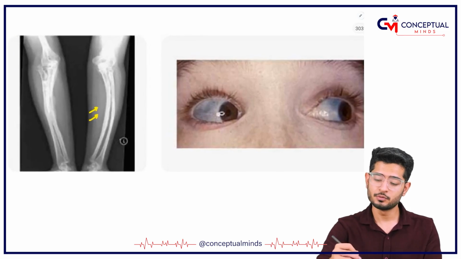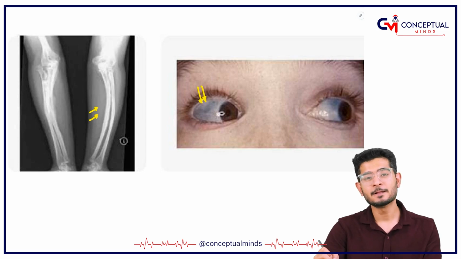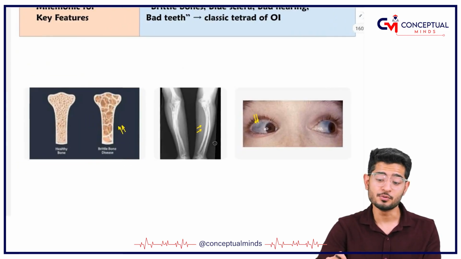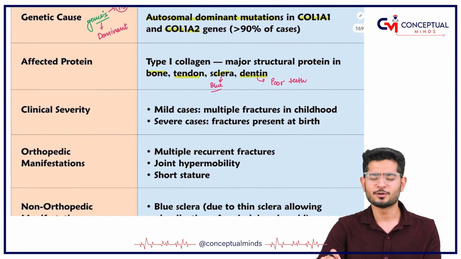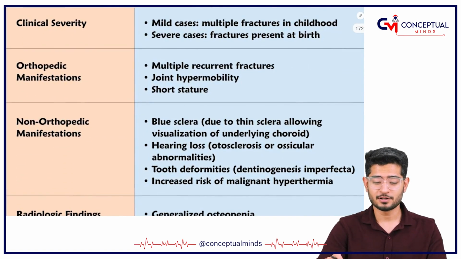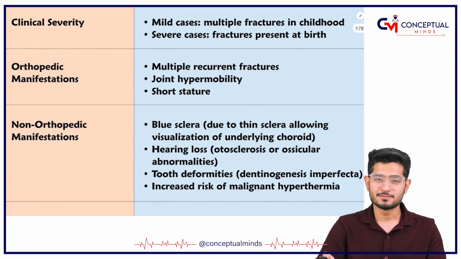And can you see this blue discoloration in the eyes? The underlying vasculature is very prominent in what you call a blue eye. I don't know if you have heard the song Blue Eye is Hypnotize. If you have not, go check your Spotify and hear this beautiful version by a famous Indian singer.